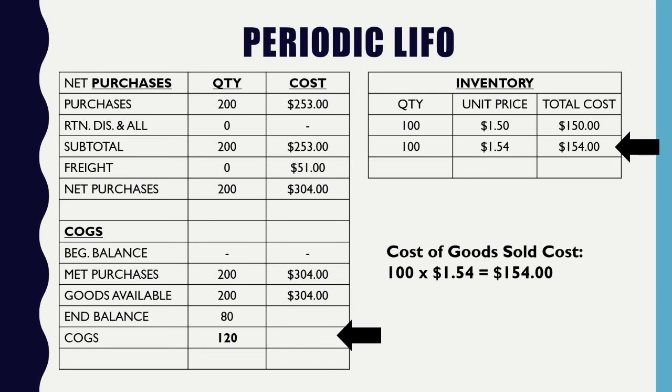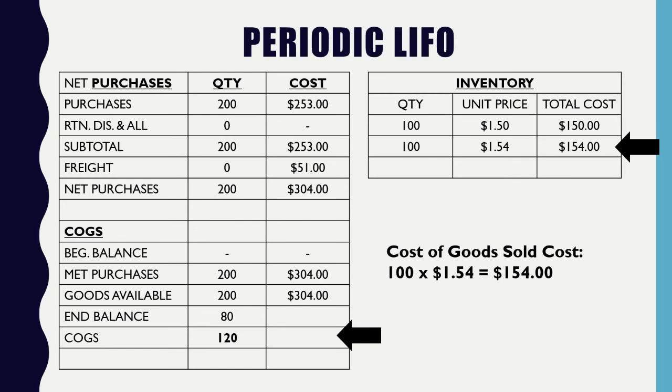So let's take a look at my goods available, or how much I have in inventory. I have 2 batches of inventory, each worth 100 toys, with one valued at $1.50 and the other at $1.54. Because we're using the last in, first out method, LIFO, we need to take the batch that we bought last.